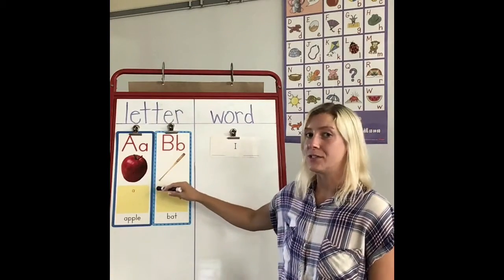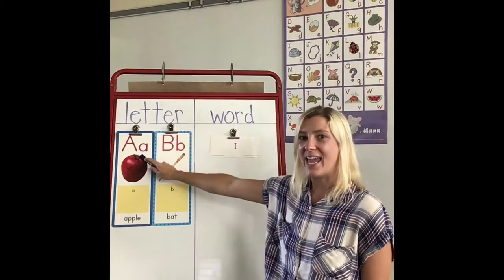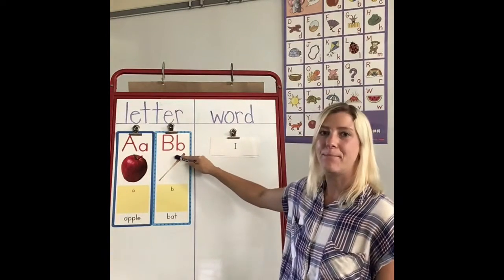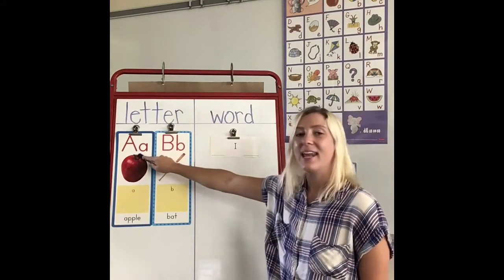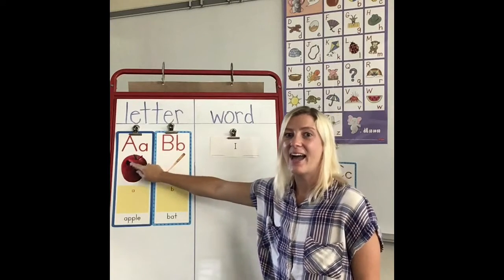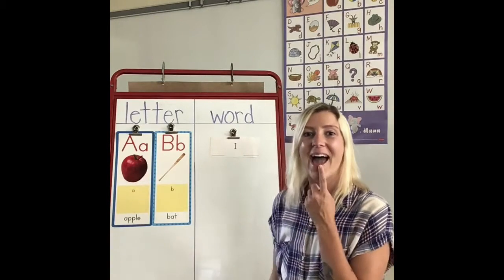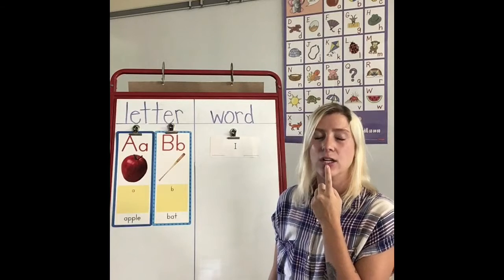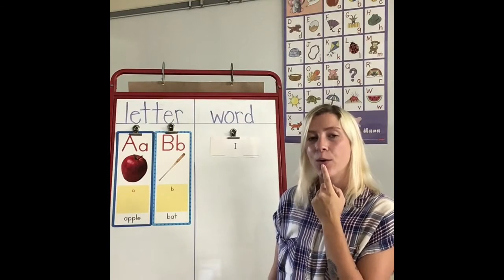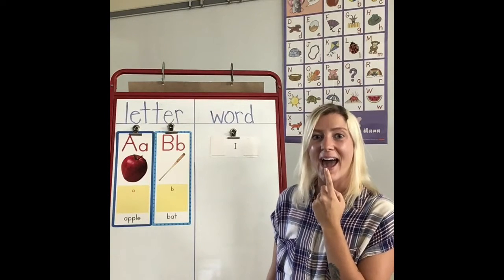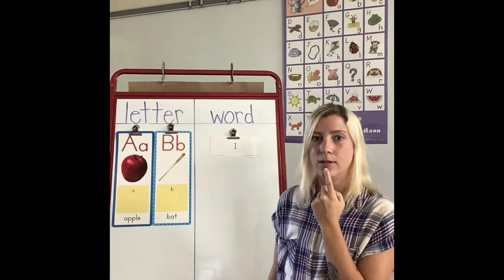The letters that we've studied so far are A and B. We know that A says ah, like apple. Ah, ah, ah. You also say ah when you're saying the word at. Apple, at.